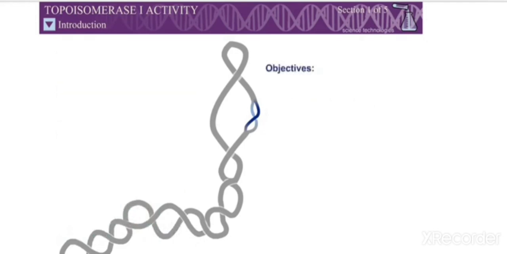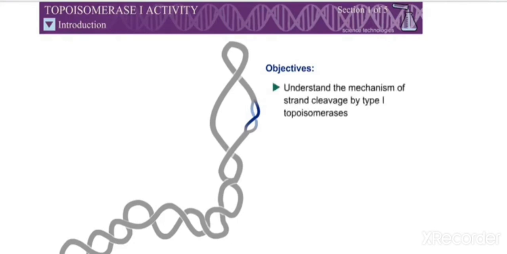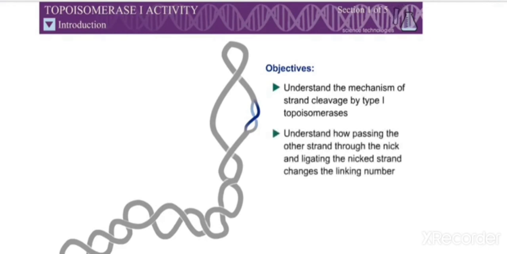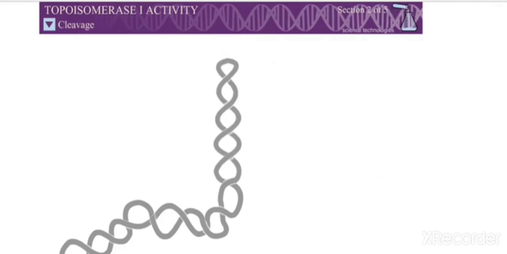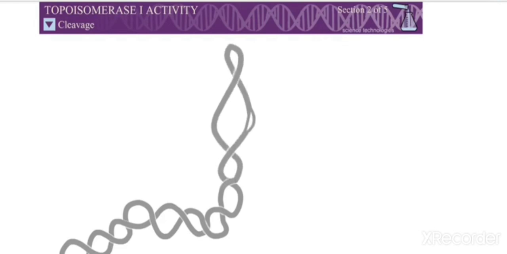When you have completed this exercise, you should understand how many type 1 topoisomerases can increase the linking number of a DNA molecule by cleaving one strand of the DNA, passing the other strand through the nick, and ligating the nicked strand. Note, this animation provides an example of the reaction pathway used by many, but not all, type 1 topoisomerases.